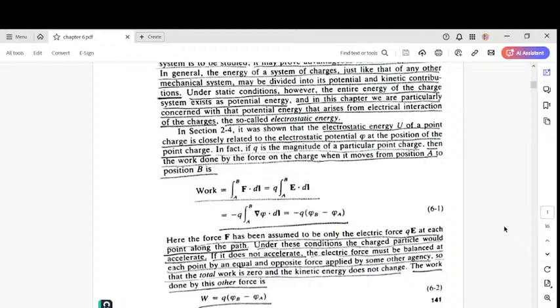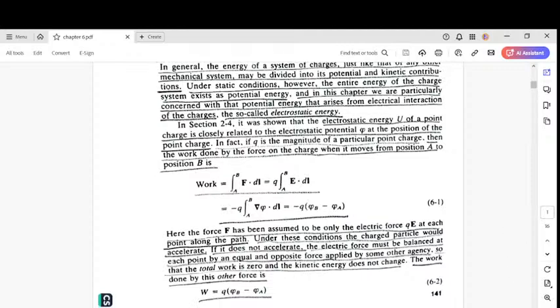That is why the work done by the other force is W equal to Q into phi.